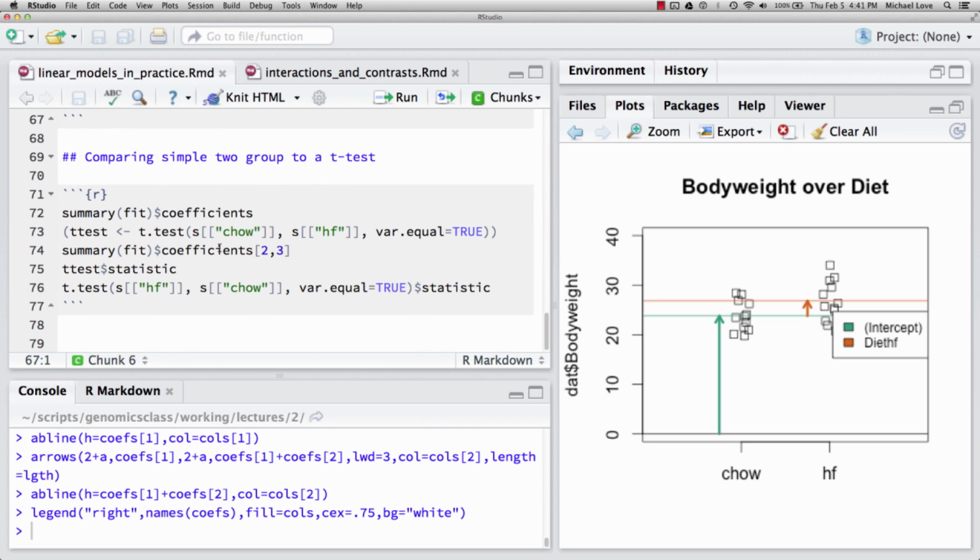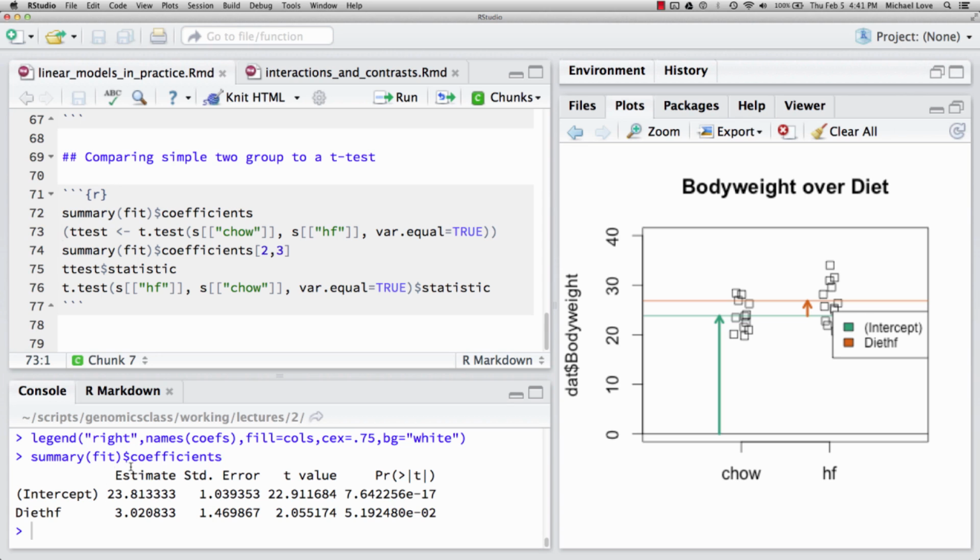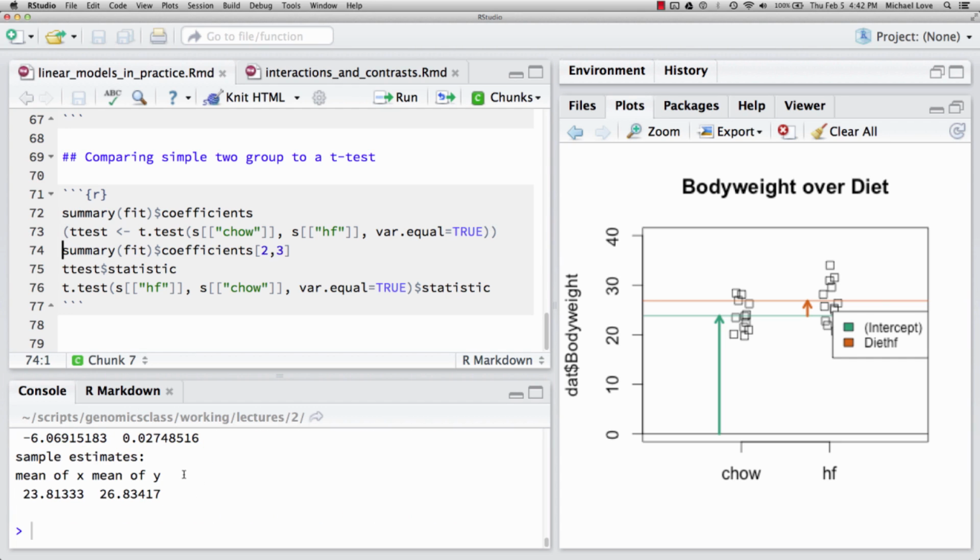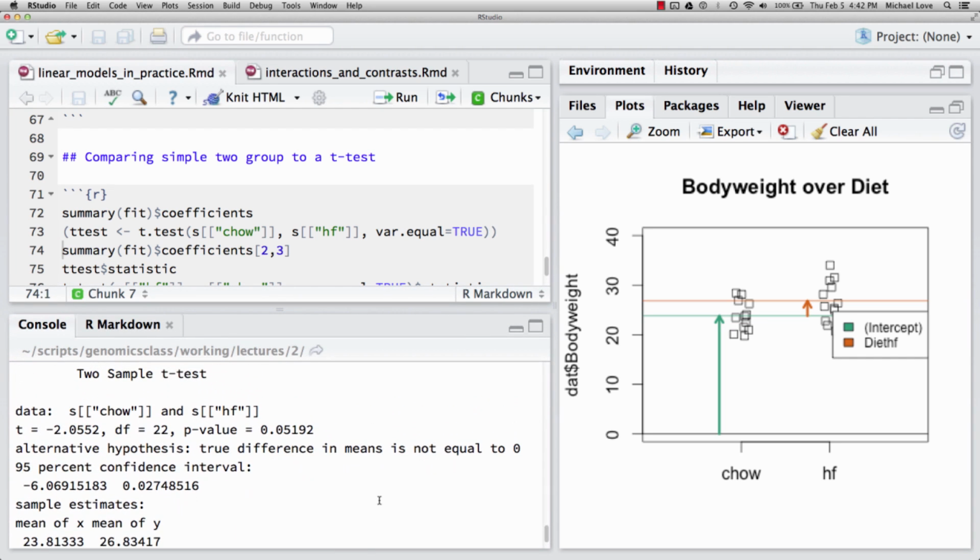And so the last thing I want to show in this video is that these results that we got from the linear model are actually equivalent to the result we would get from a t-test. If we remember that coefficient matrix we got from summary, it looked like this. So if we were to perform a t-test between the chow group and the high-fat group and assume that the variance in the two groups is equal, and we'll save that to a variable t-test, we get something that looks like this.